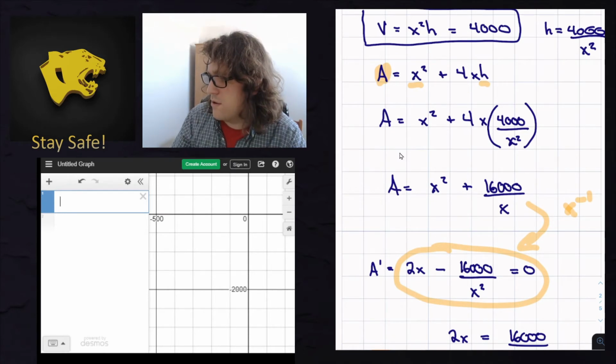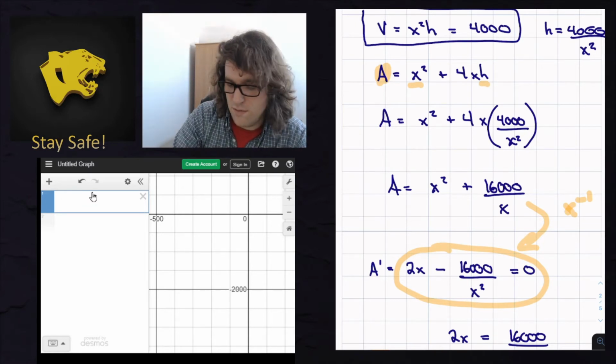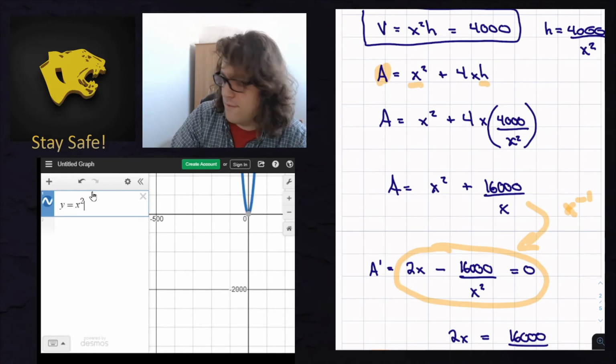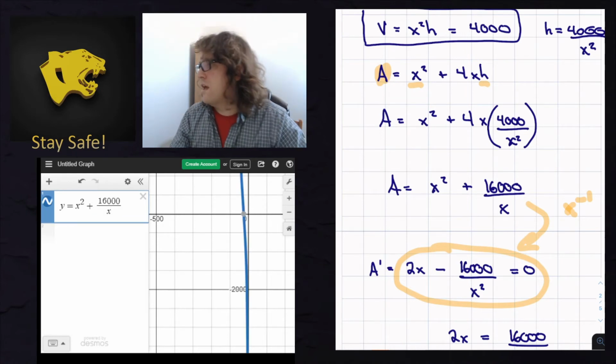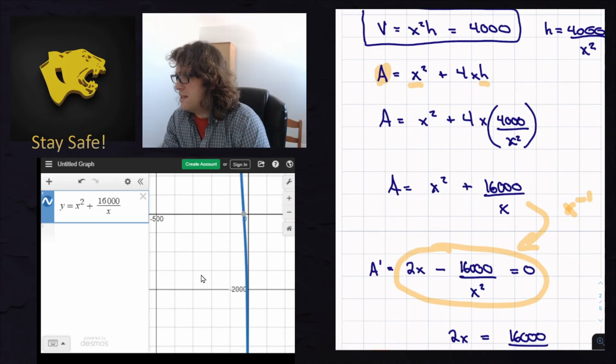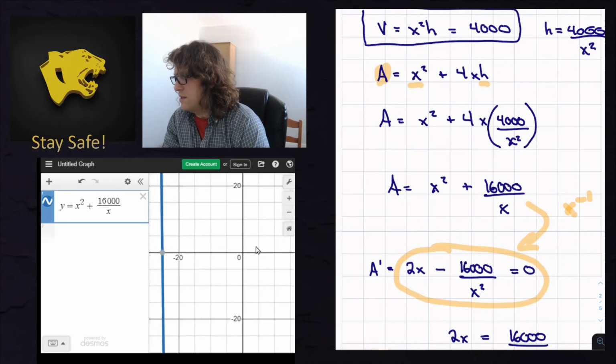That surface area one, this is probably the nicest looking version of it in a single variable. So that would be y is equal to x squared plus 16,000 over x.